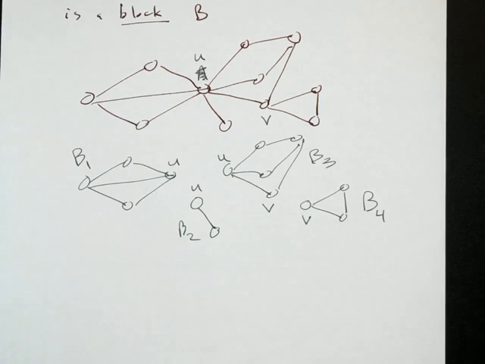A disconnected graph has components. A separable graph has blocks. If my graph is connected and non-separable, it's one block.